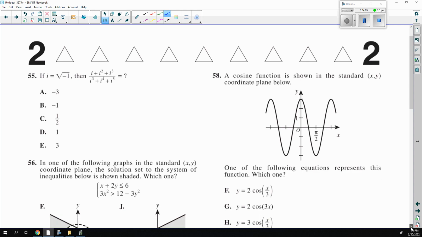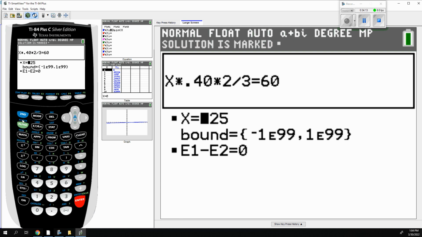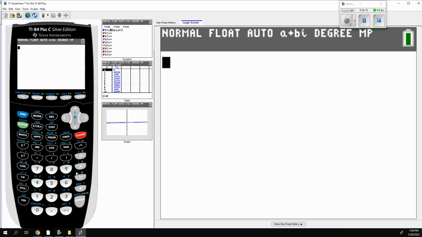Last few. This could be done on your calculator. Remember, some of the banner calculators can't handle it in fraction.